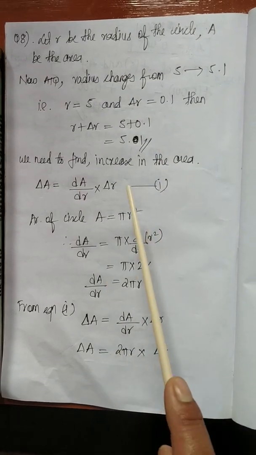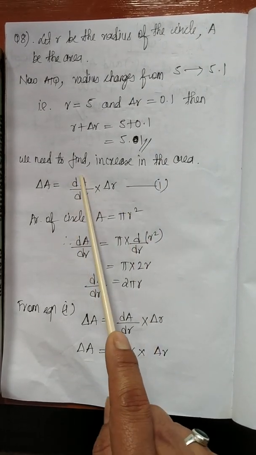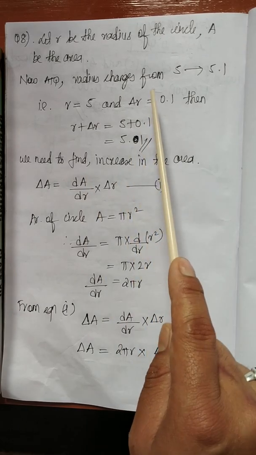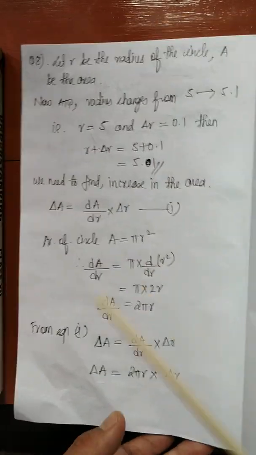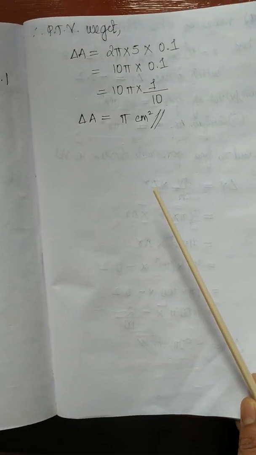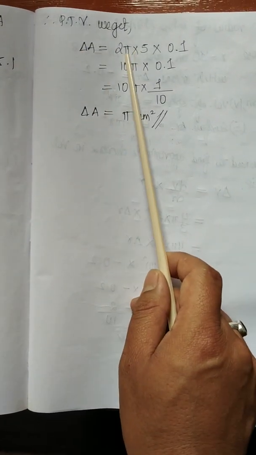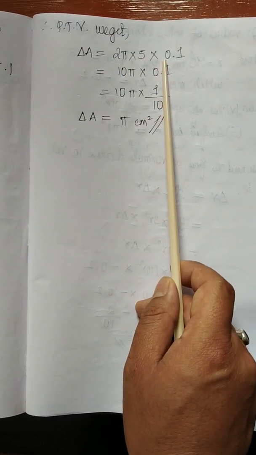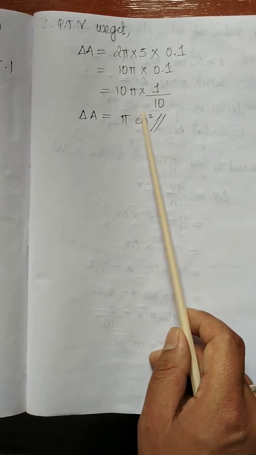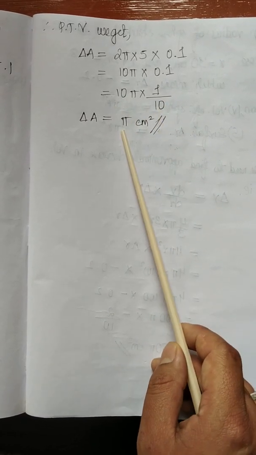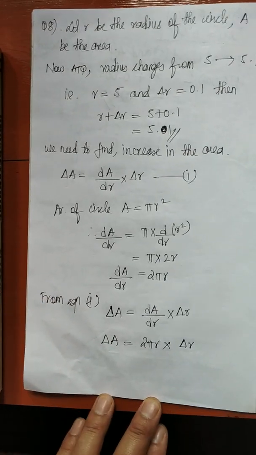Putting these values in equation number 1, on doing all the calculation, you will get delta A as 2 pi, r is 5, and this is delta r. Calculation is done out here. 10 gets cancelled out, so it will be pi centimeter square. So pause the video to note it down.